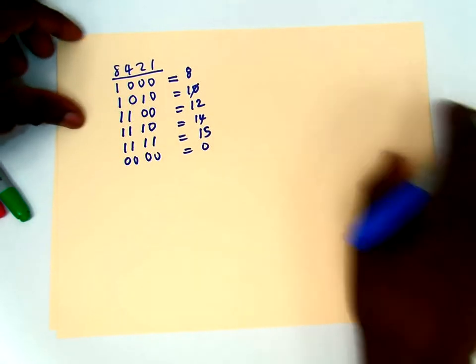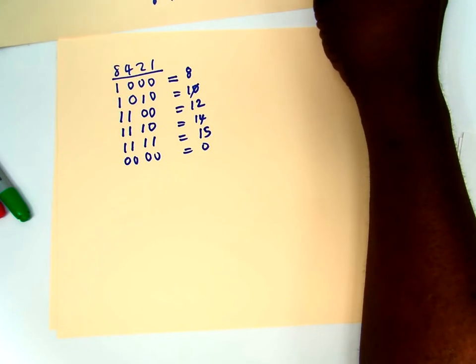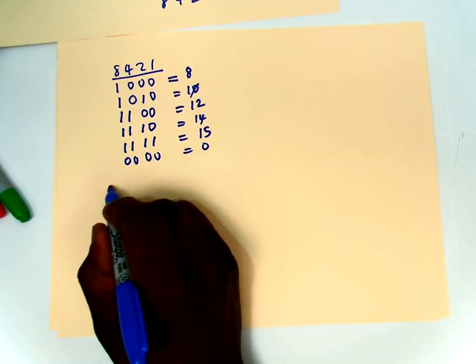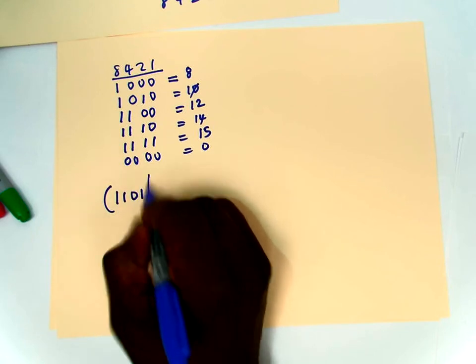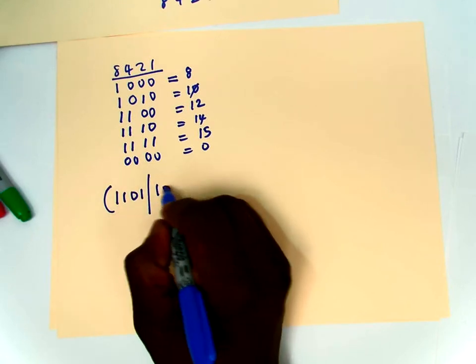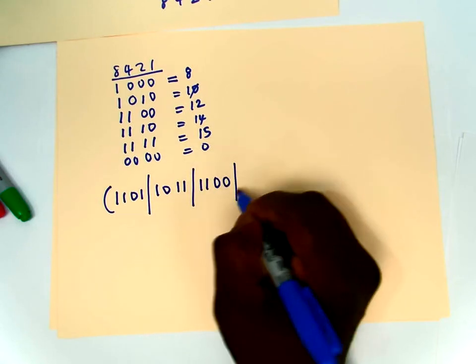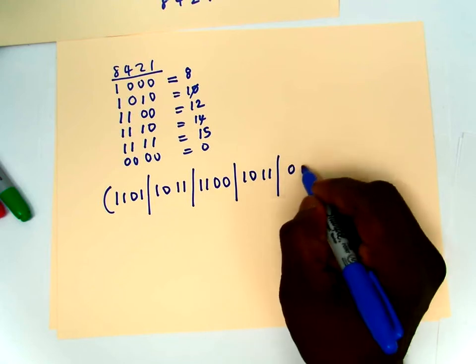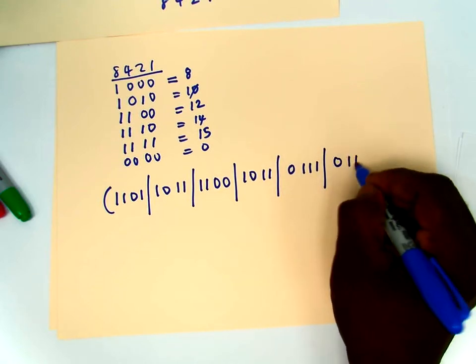So I'll bring back the big number I gave you before. I'm going to write it down again from slide 1. I gave you 1101, and we group into 1011, 1100, 1011, 0111, 0111.